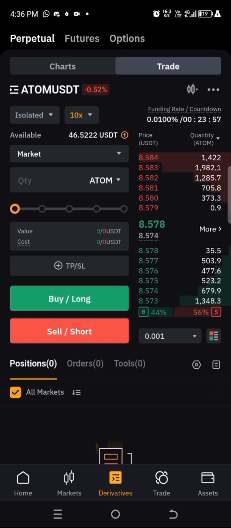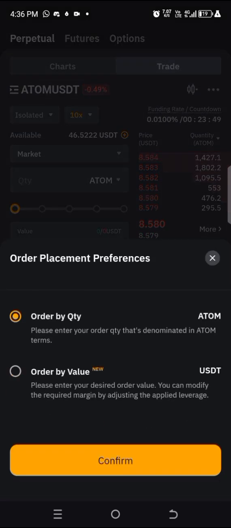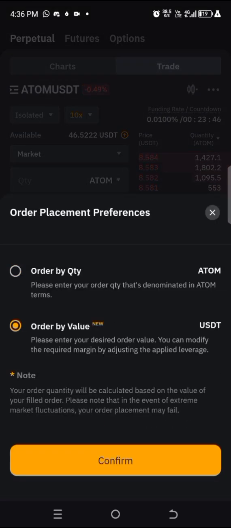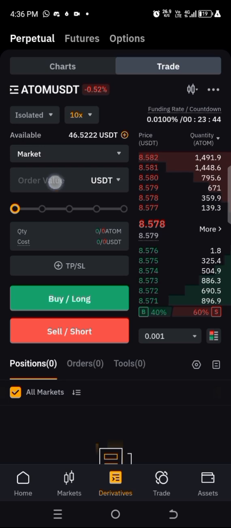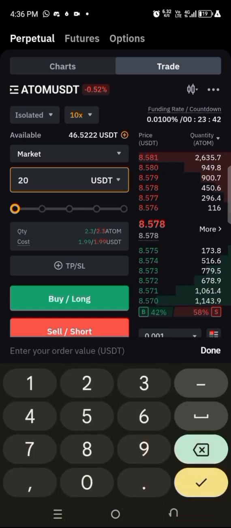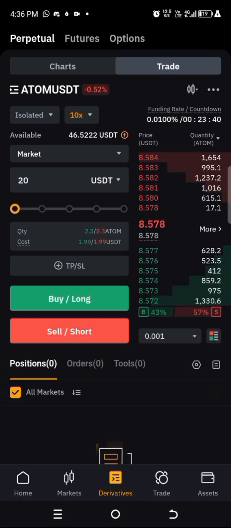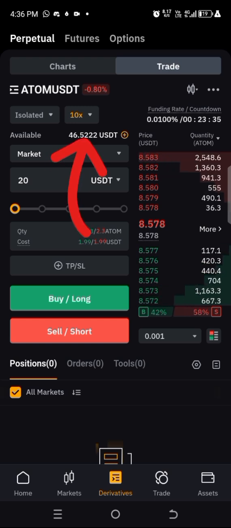You may want to know the difference between isolated and cross. In isolated, let's say I choose to enter a trade with only $20, and I chose only $20 to enter this trade, for instance. The remaining $26 here is secured.